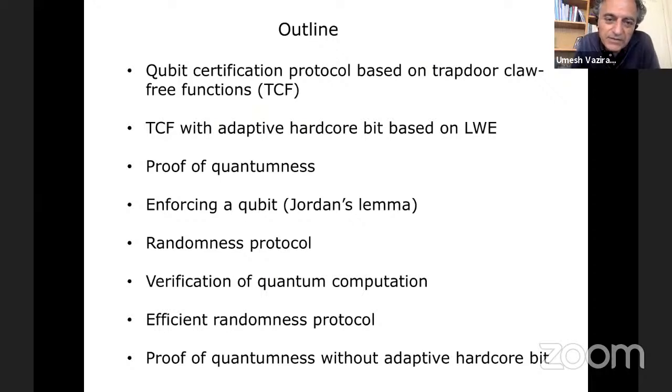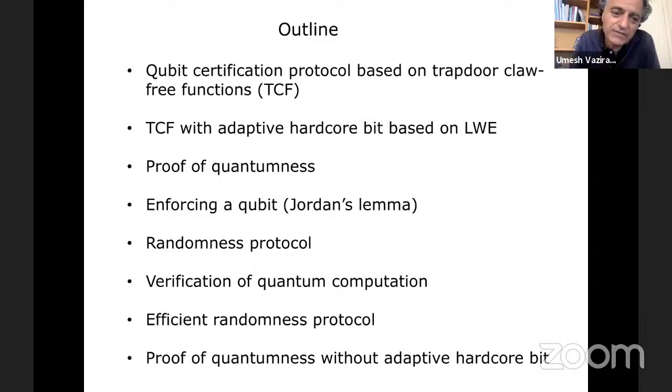Now, I'll spend a little bit of time on this qubit certification protocol because things get a little bit tricky there. In order to actually prove the correctness of this protocol, you need trapdoor claw-free functions with a particular kind of property, which is called an adaptive hardcore bit. And we only know how to create these TCFs with adaptive hardcore bits based on learning with errors.